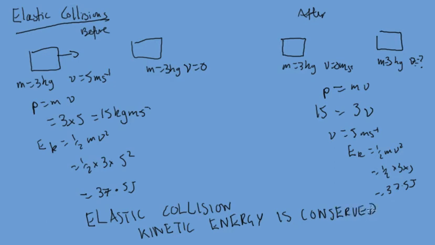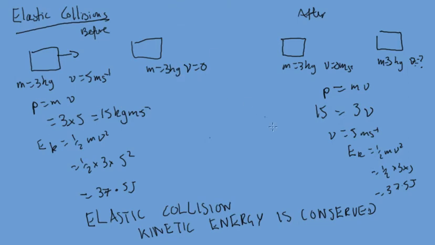Now, in reality, elastic collisions don't really happen. They only would really happen maybe between charged particles, where you've got an electrostatic repulsion so that they don't actually touch. But when two objects touch, you're always going to have a transfer of some other kind of energy.